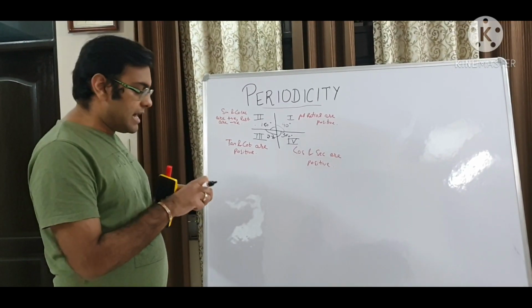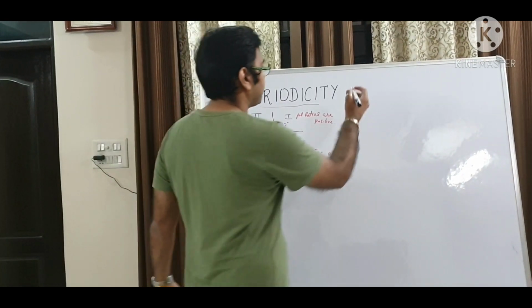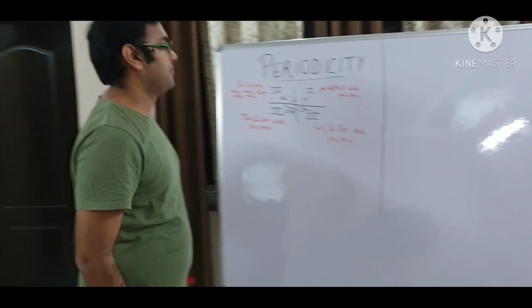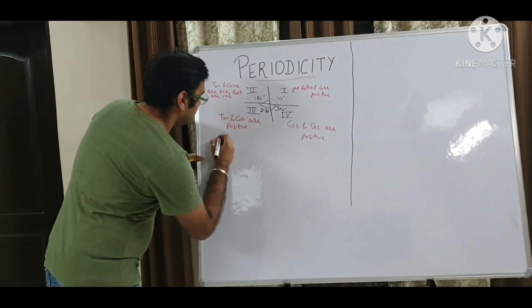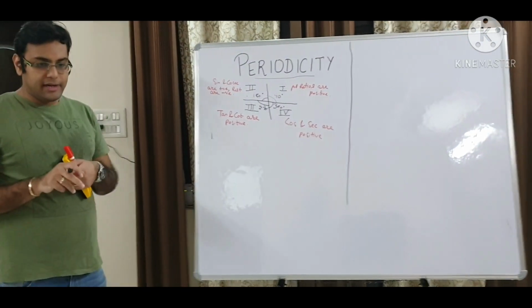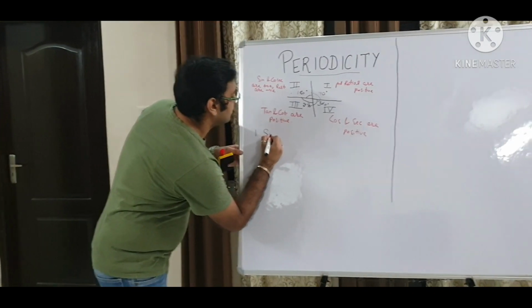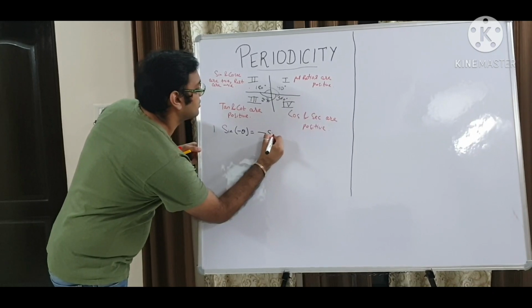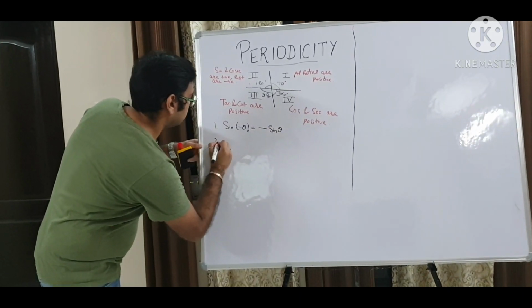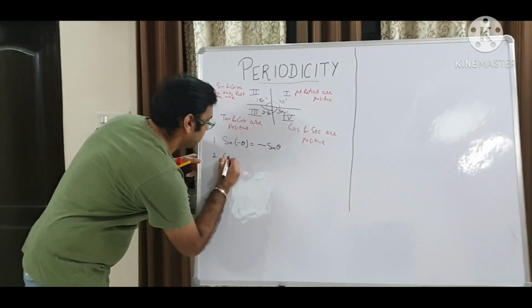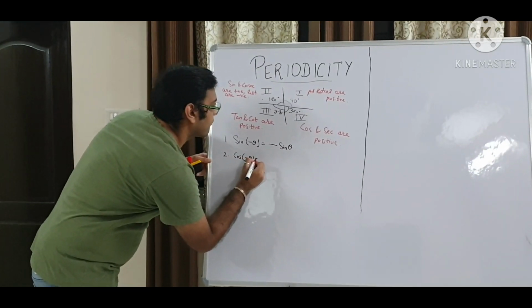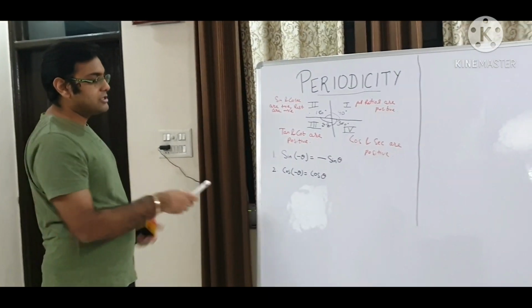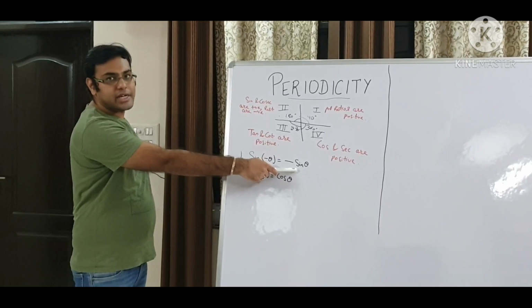Now let's have a look at some angles. For example, now let me explain. Now see, sine of minus theta is equal to minus sine theta.